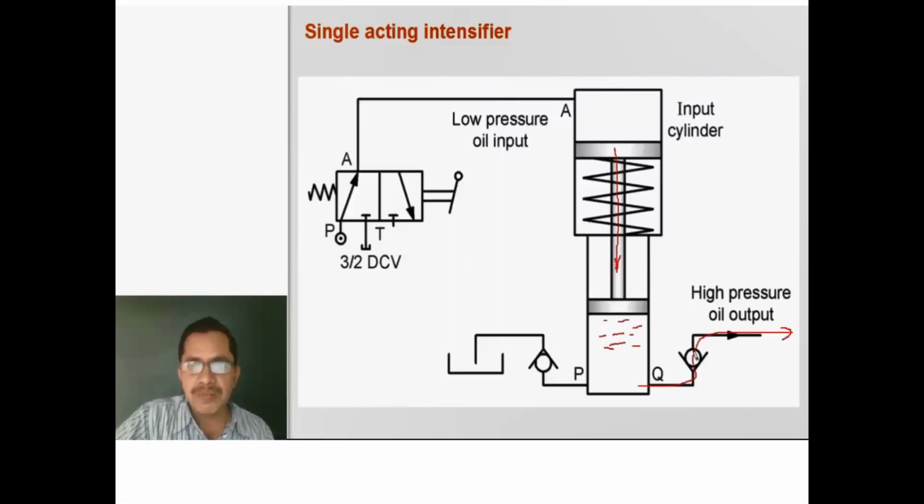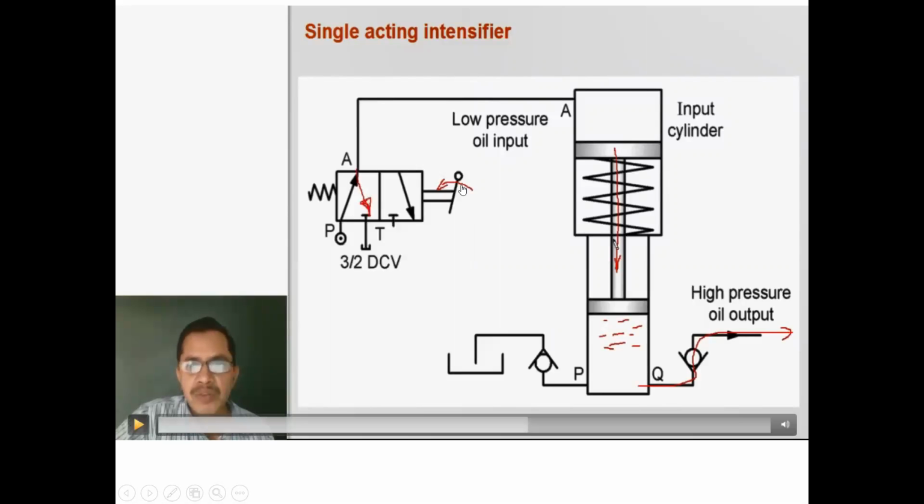When you shift the lever to the other position, the A to T connection is made. When we shift the position of this 3/2 direction control valve, the pump is shut here, the flow from the pump is restricted, and the high pressure oil through port A is returned through this line, and this piston moves upward due to the force applied by the spring.